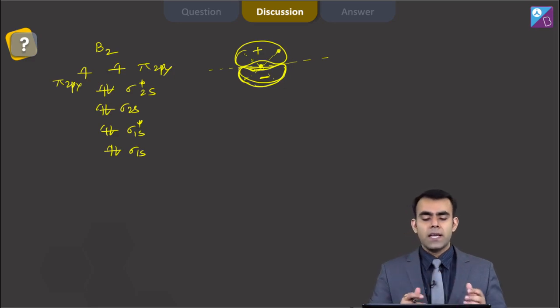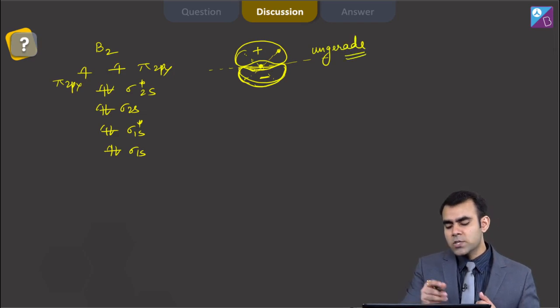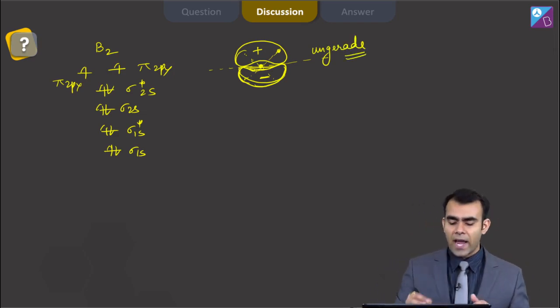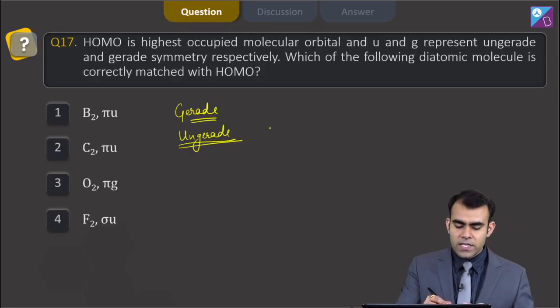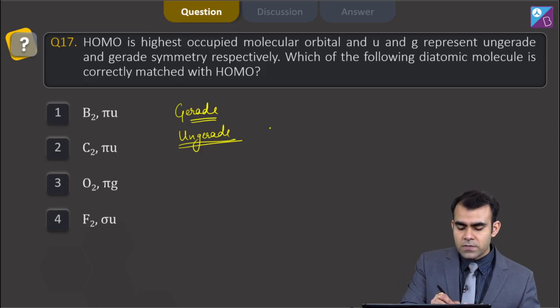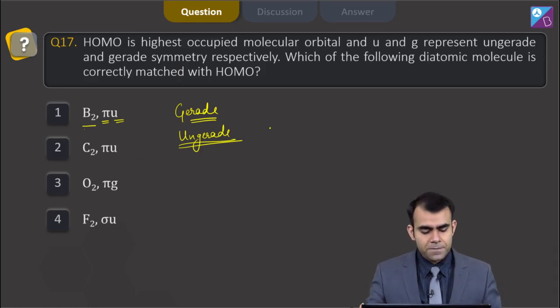It means this is basically ungerade. So its HOMO is ungerade and it is pi bonding. So you can see from here that B2 is pi and it is ungerade.